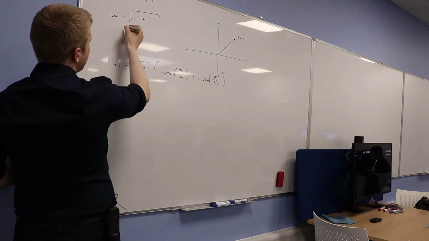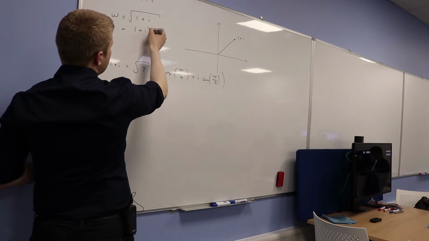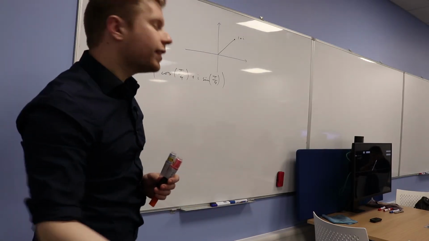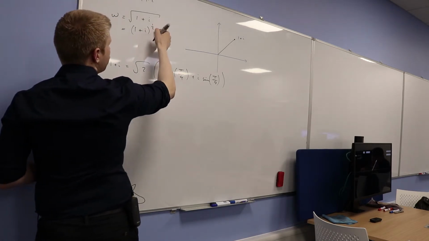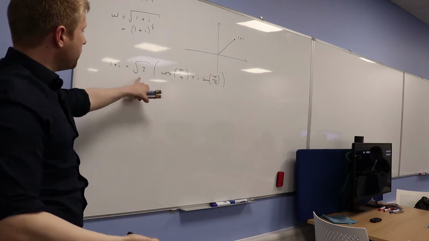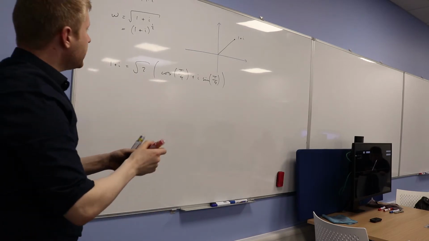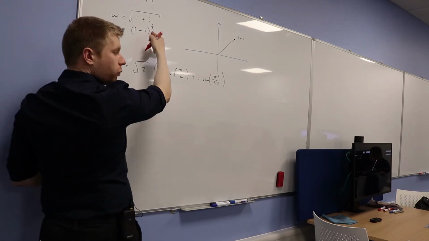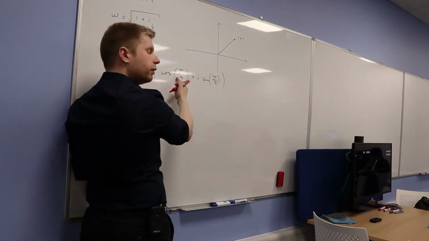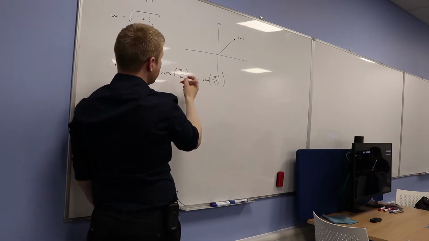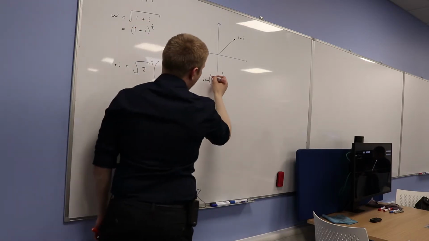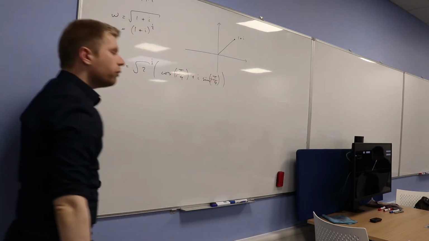So now what happens if I take the square root of this? Are you happy that taking the square root of a number is the same as raising it to what power? Good. It's the same as raising it to the power of a half. So if I follow de Moivre's theorem, what this literally means is I take this and I raise it to the power of 1/2, and I also do n lots of this argument, so half lots of pi by 4, and then half lots of pi by 4 here.